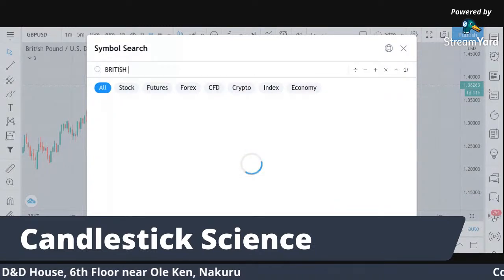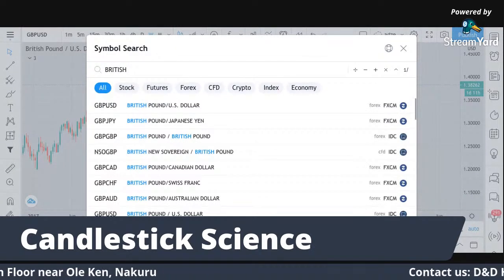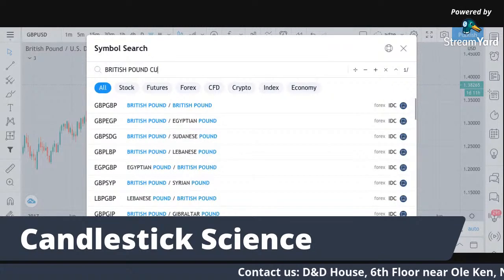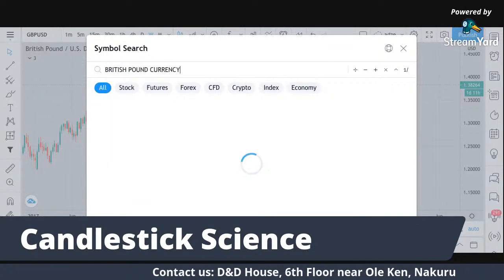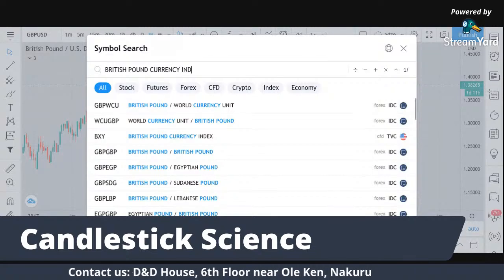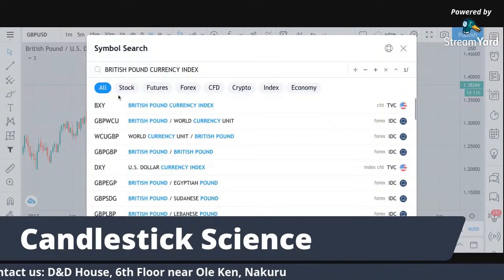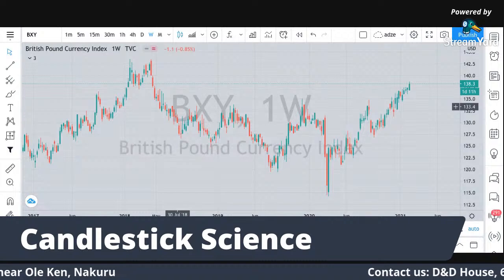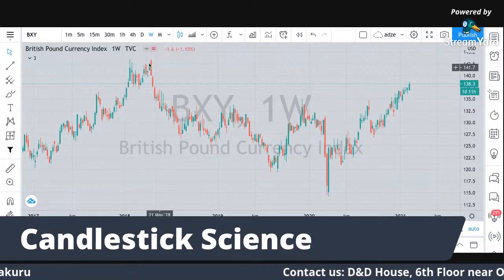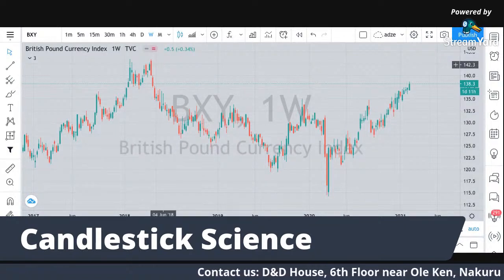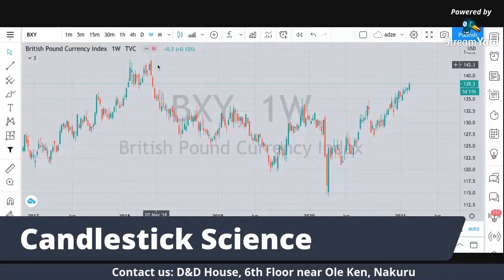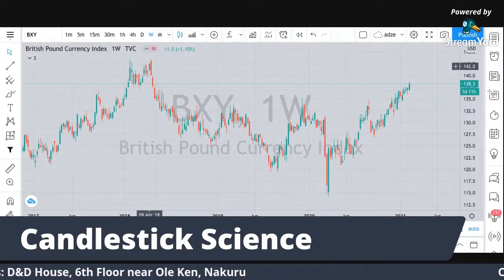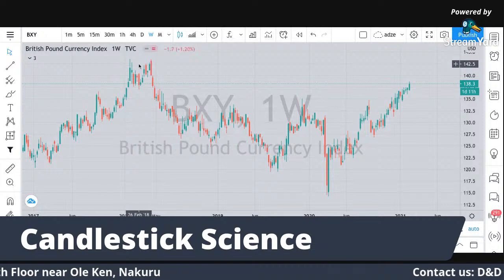British pound currency index. It is the one that is showing the strength of a particular currency. Look at it, the same thing. The same thing that is happening to GBP JPY, GBP USD is the same thing that is happening here.